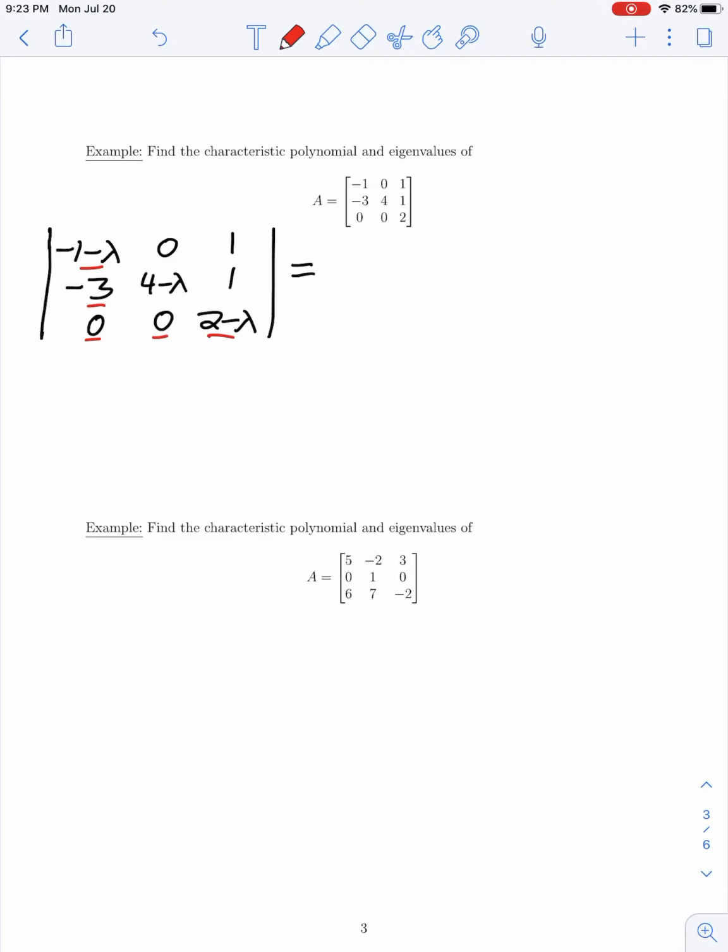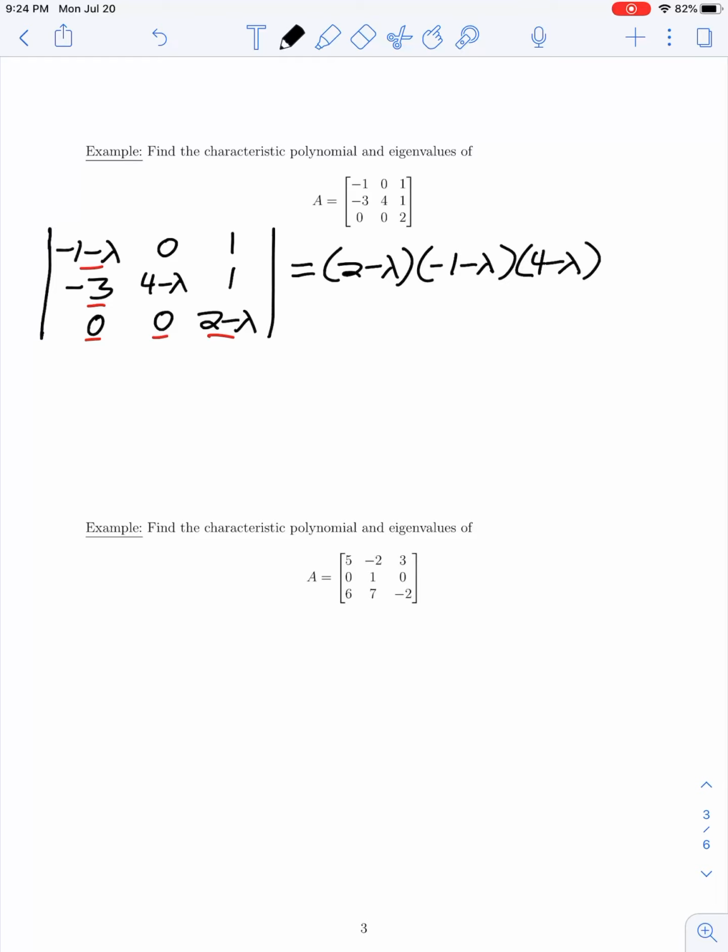So we start with a plus, minus, plus, minus, plus. So I'm going to start with a positive 2 minus lambda. And then the determinant of the 2 by 2 submatrix that I get by deleting the row and column that 2 minus lambda lies in would give me negative 1 minus lambda times 4 minus lambda minus 0.